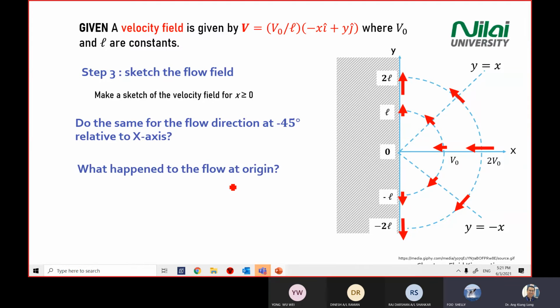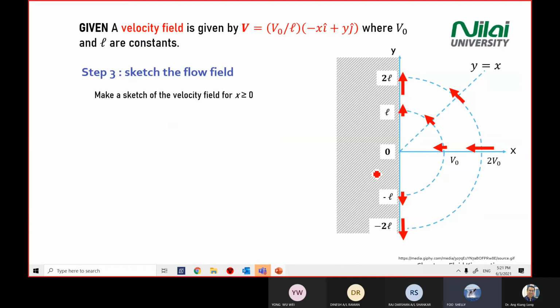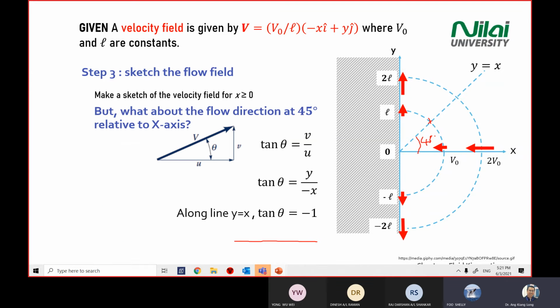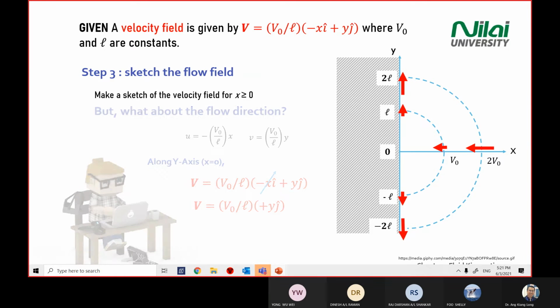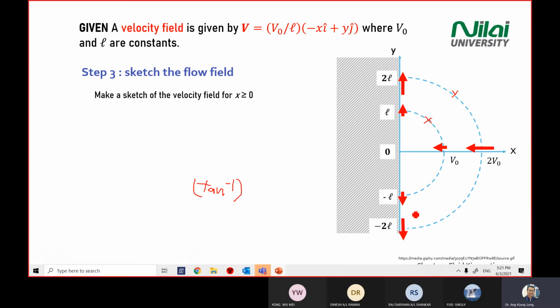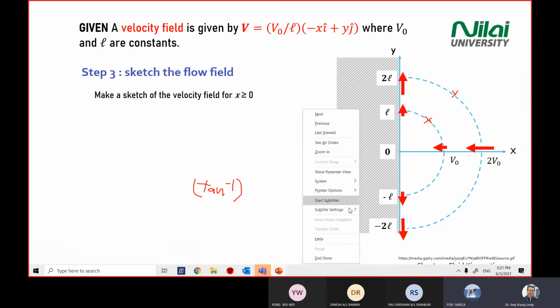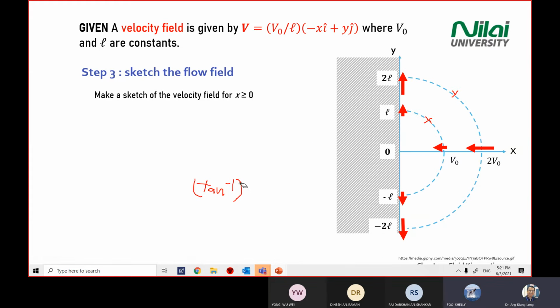Sir, can you explain again for the 45 degrees because I didn't get it just now. Okay, I'll go back to this one. You understand all the straight arrows here, right, Shirley? Yes, sir. Okay. Now we look at 45.